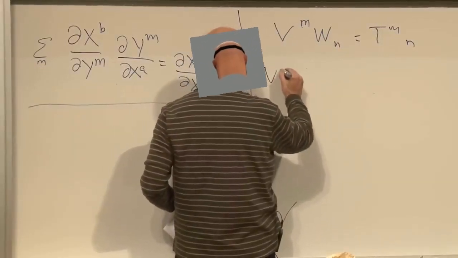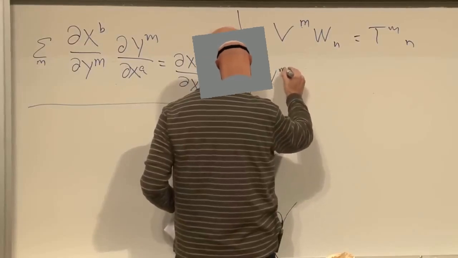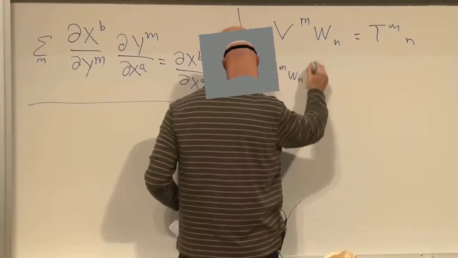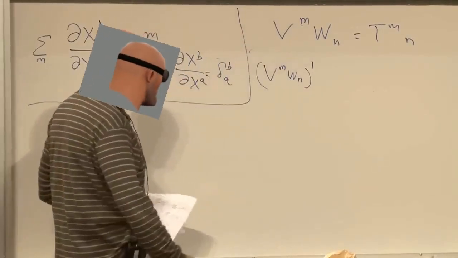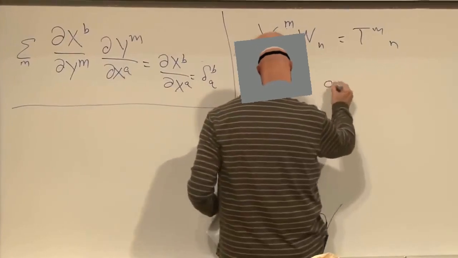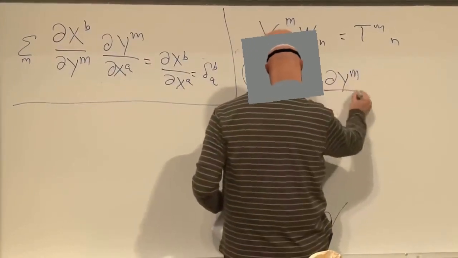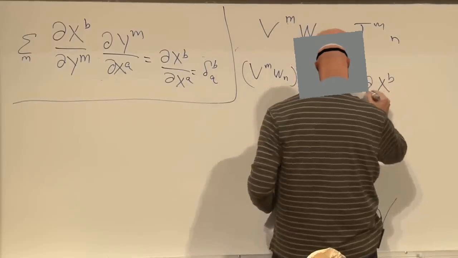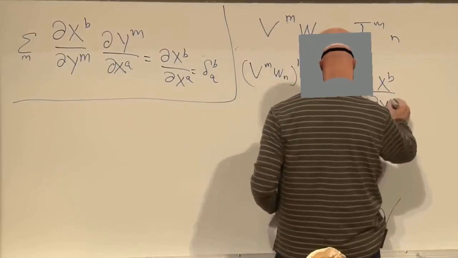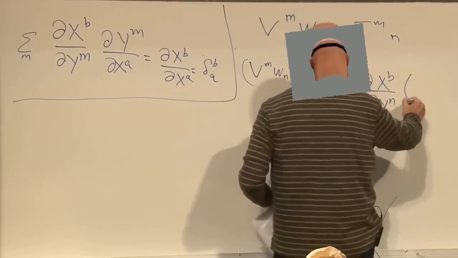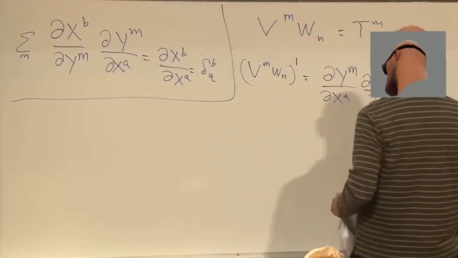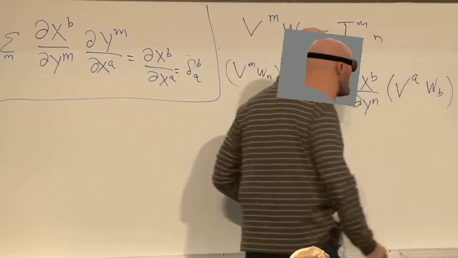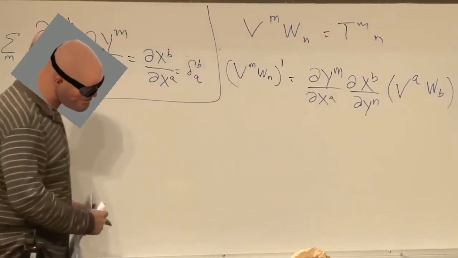V M W N primed is dy M by dx A, dx B by dy N, times V A W B. Let's check and see if this equation makes sense.